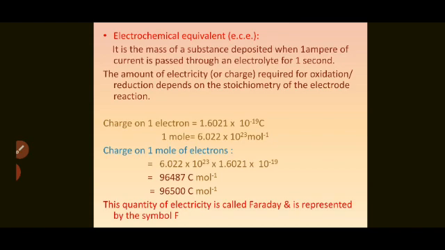So the charge on 1 mole of electrons is 6.022 into 10 to the power 23 into 1.6021 into 10 to the power minus 19, that is nothing but 96,487 coulomb per mole, which is approximately taken as 96,500 coulomb per mole. This is the value of the charge of 1 mole of electrons, remember. This quantity of electricity is called Faraday and is represented by the symbol capital F.